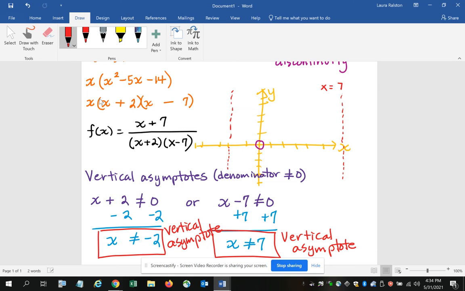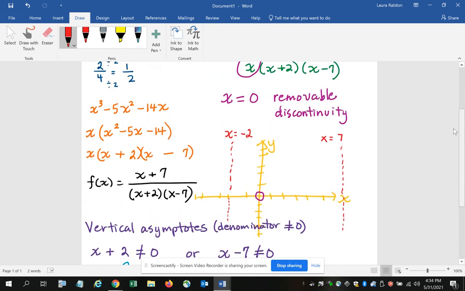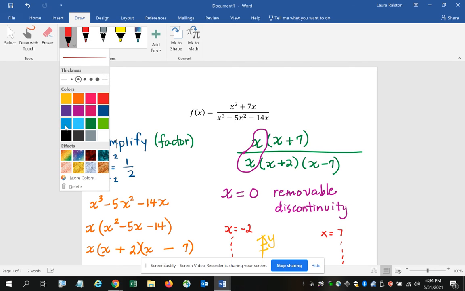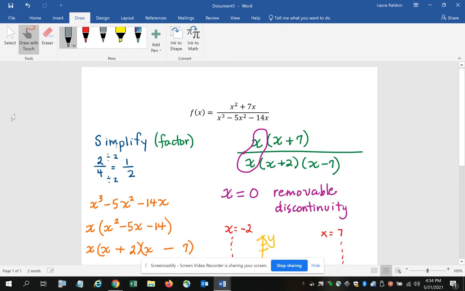Now the asymptotes act kind of like a fence, and your graph can get really close to the fence, but you can't cross it or touch it. Now, we also could have a horizontal asymptote here, and just as a side note, with a horizontal asymptote, you have to compare the highest exponent in the numerator with the denominator.